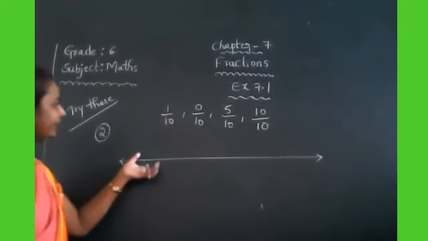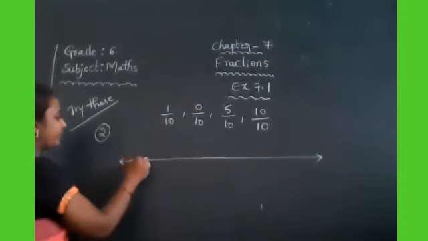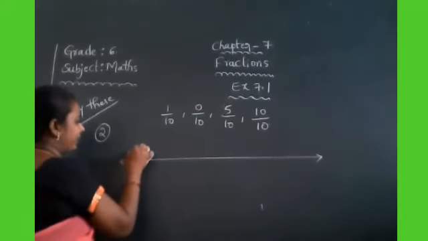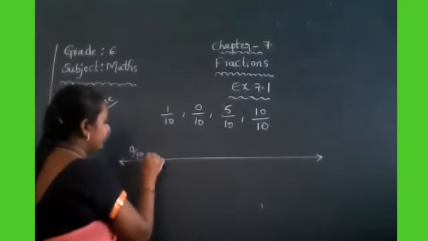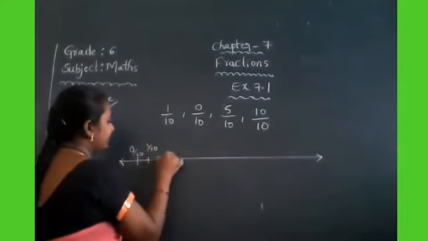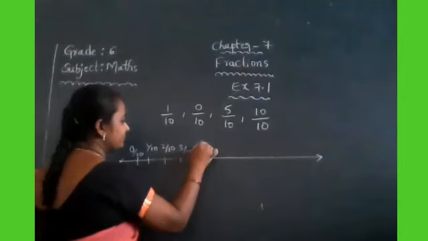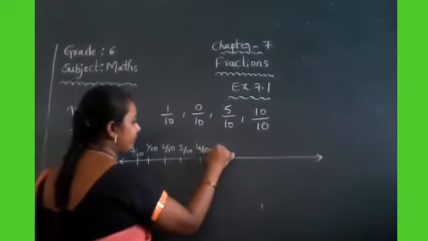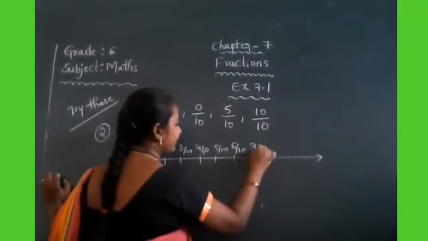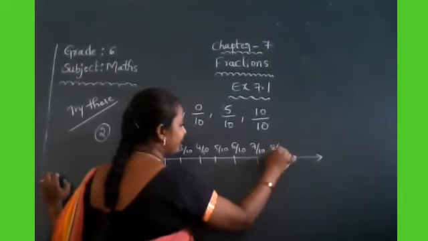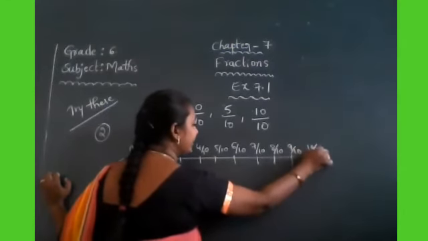Draw a line, and here the denominator is 10, so 10 equal parts. Starting with 0, that is 0 by 10, then 1 by 10, 2 by 10, 3 by 10, 4 by 10, 5 by 10, 6 by 10, 7 by 10, 8 by 10, 9 by 10 and 10 by 10.